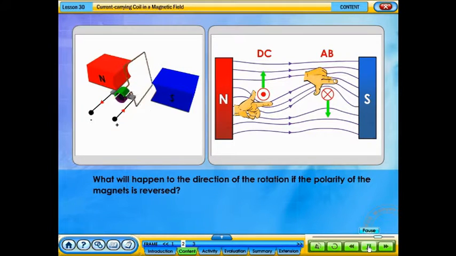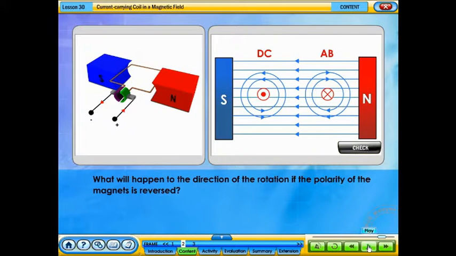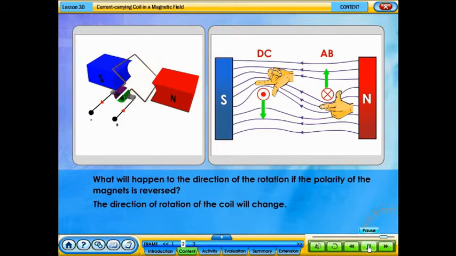What will happen to the direction of the rotation if the polarity of the magnets is reversed? The direction of rotation of the coil will change.